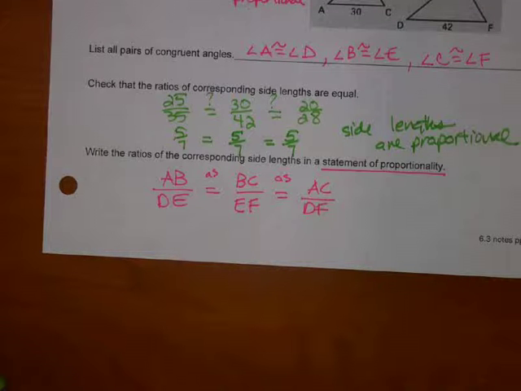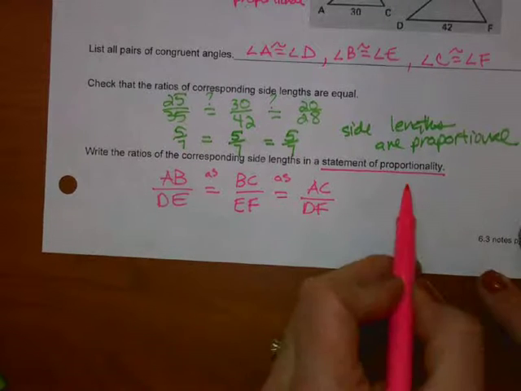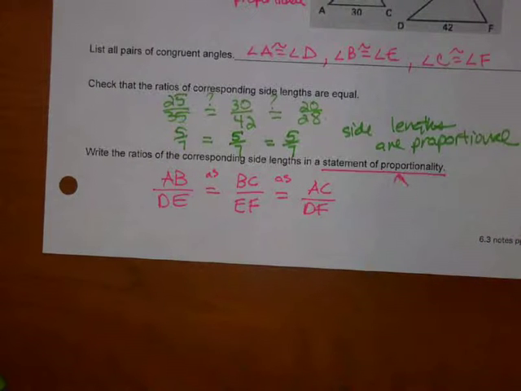Now, what did you notice I did there? I started with what? Each time, what's on top there? Always the same triangle, okay? So if you start with the small one, you keep the small one on top all the way across. Make sense? Okay. Statement of proportionality. You will have to write those sometimes. You'll also have to write statements of similarity, and we'll get to that.